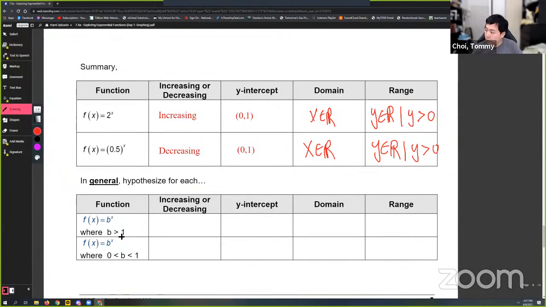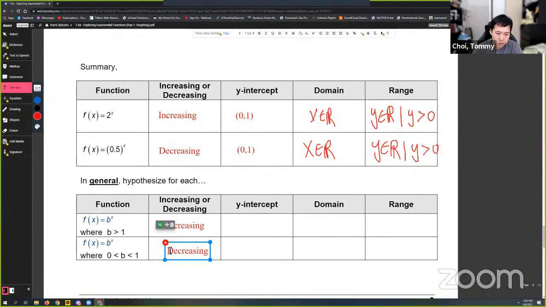So if b is greater than 1, so anything greater than 1, would this be increasing or decreasing? Increasing is correct. Increasing function. And if b was a fraction less than 1 but greater than 0, we would expect it to be decreasing. And I think you guys can see where this is going. The y-intercept is always 0, 1.